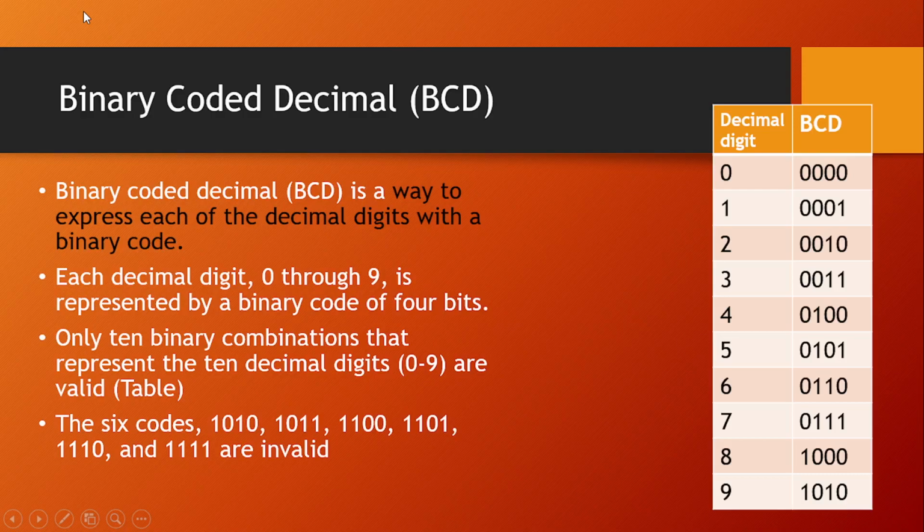So what are binary coded decimals or BCD code? It is simply a way to represent each decimal digit with a 4-bit binary code.